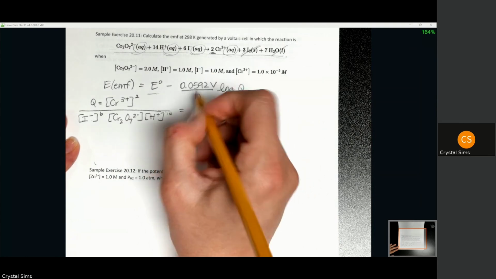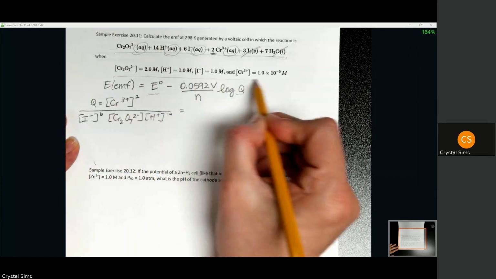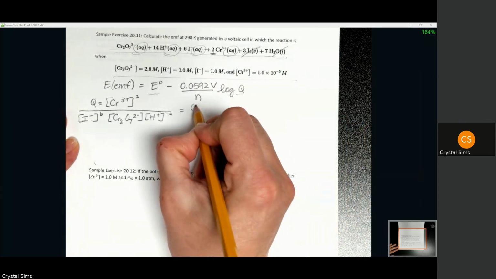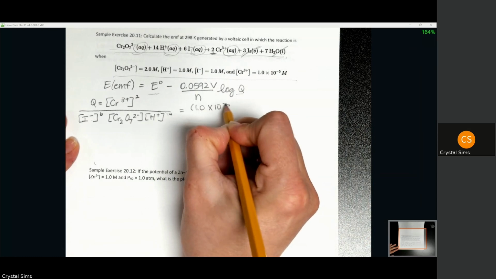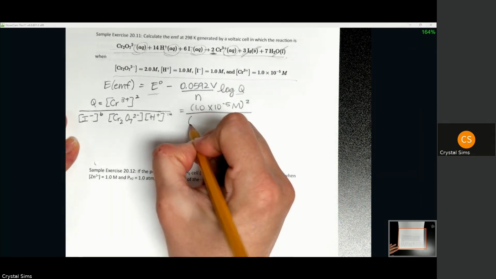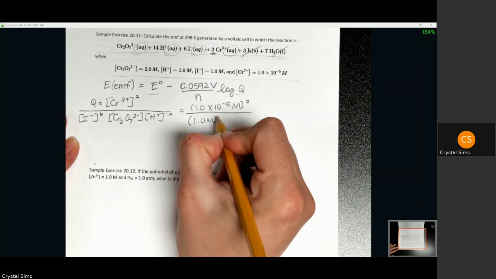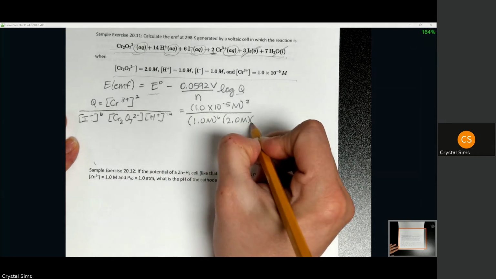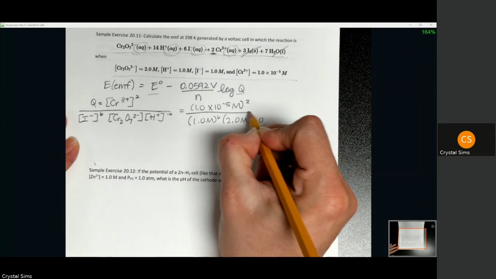They told me what my concentrations were here. I plug in chromate on the top, and that is squared. And then iodine is 1.0 molar, the chromium 2.0 molar, and the hydrogen 1.0 molar.